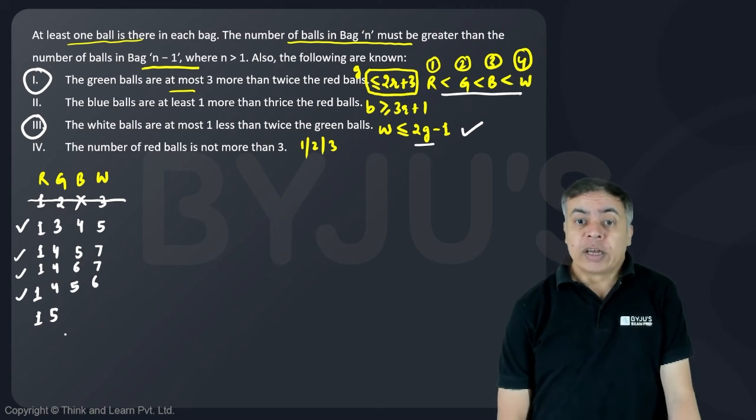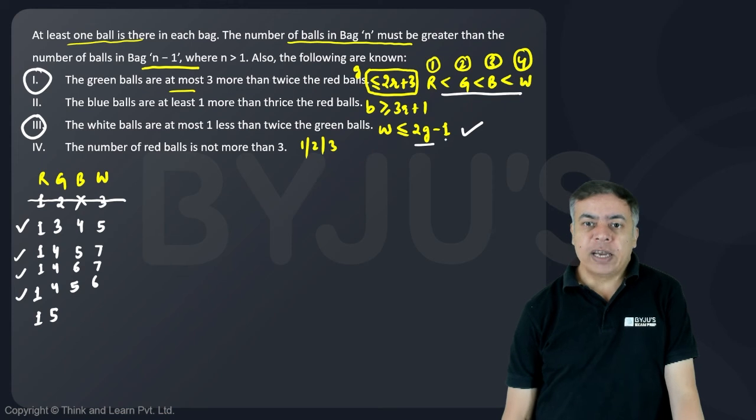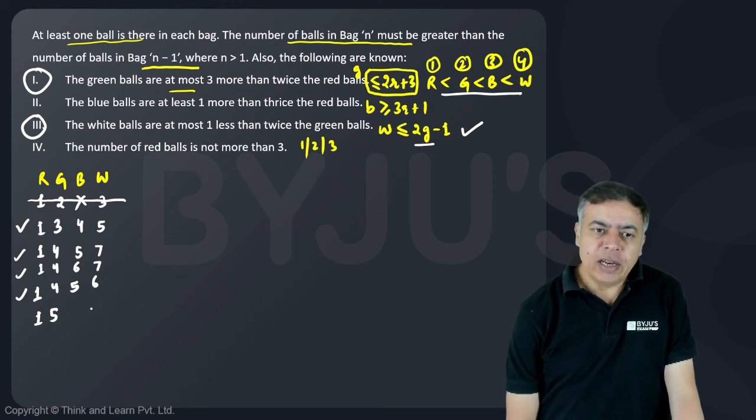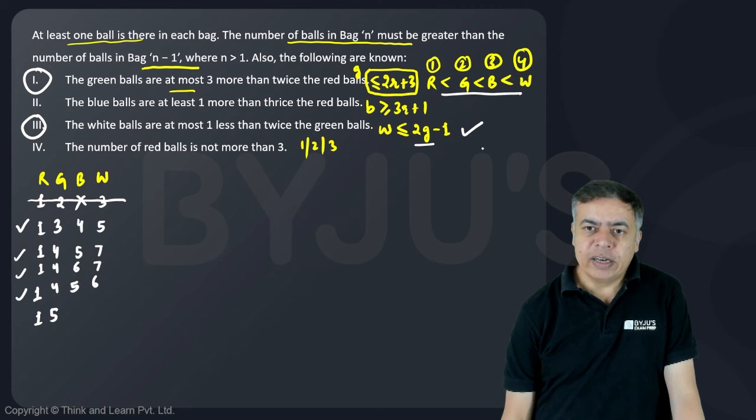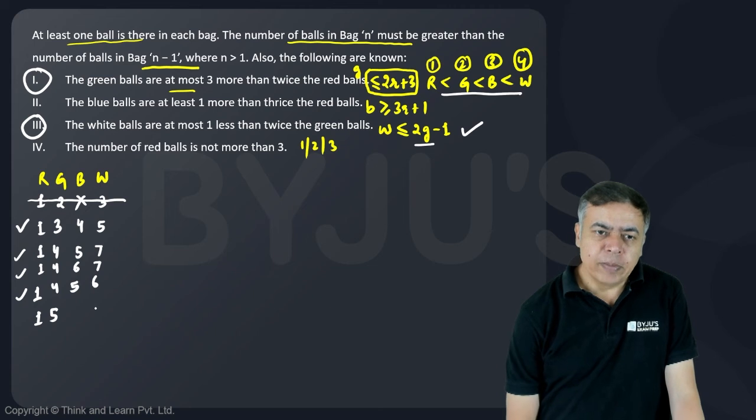Now if green is 5, then white can be 5 into 10 minus 1, 9, so less than or equal to 9. So it can be 9. If 9, it can be 6, 7 or 8 here.